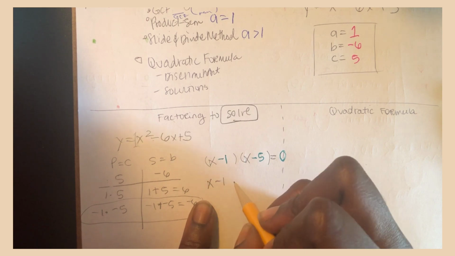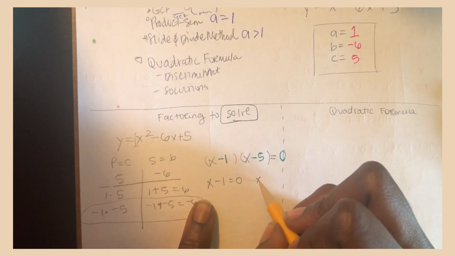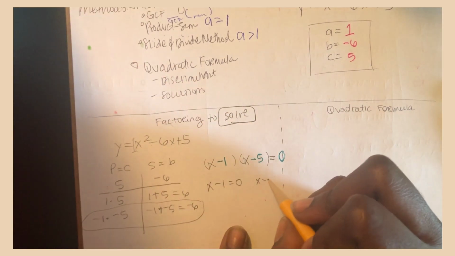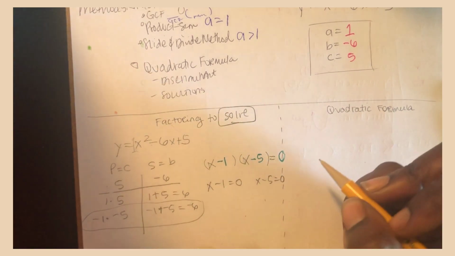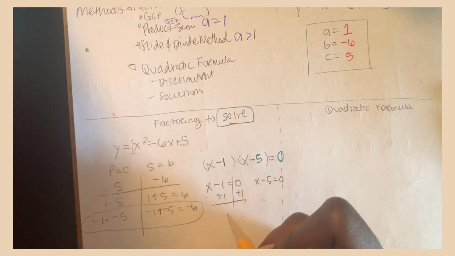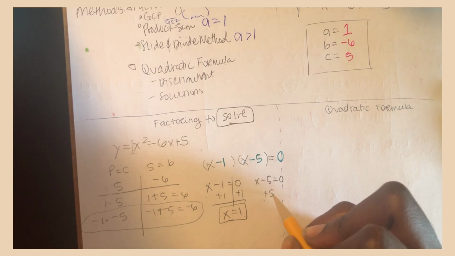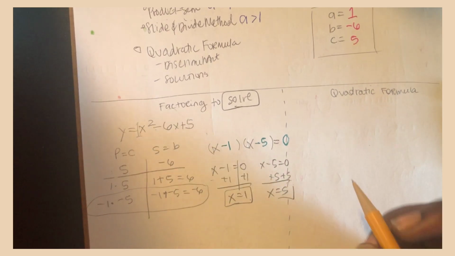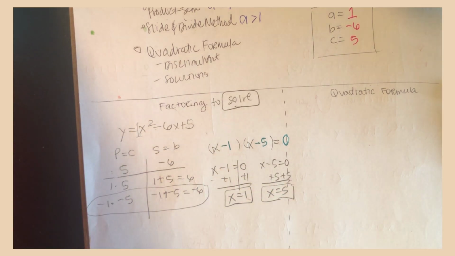So now we take each factor and we set it equal to 0. I made mistakes on mistakes today, friend. Right? And then we solve for x. Boom. We solve for x doing the inverse. Boom. And those now are our x-intercepts.